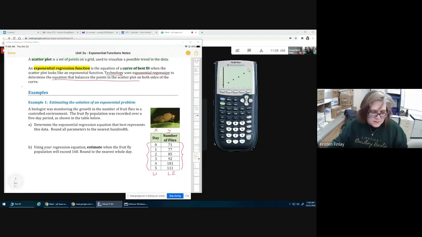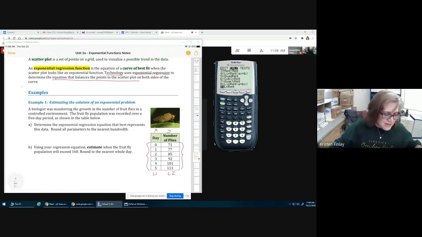Now, we want the exponential regression equation. So what's different? Not much, except for your selection at the end. So go into stat and then calc and scroll down to the selection. We're doing an exponential regression. Oh, it's actually right at the beginning.